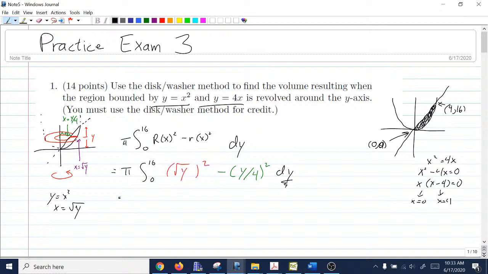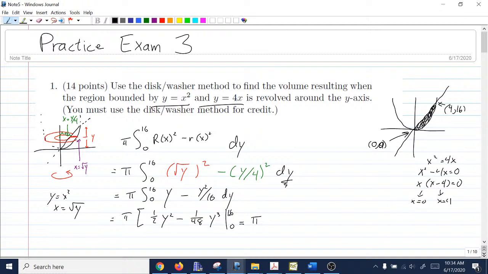Each of those is getting squared, so I'm integrating pi integral 0 to 16 of y minus y squared over 16 with respect to y. It's not a hard integral. Half y squared minus y cubed over 48. Need to evaluate that from 0 to 16. Ooh, I got some big numbers.